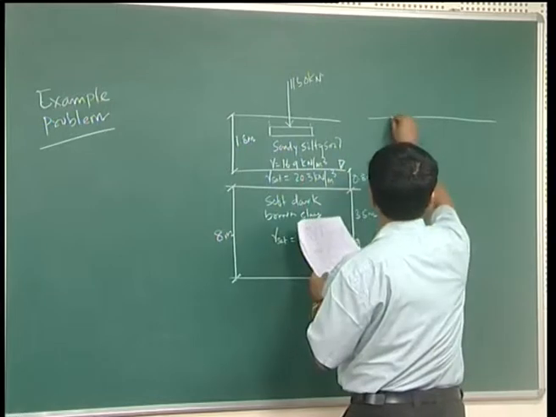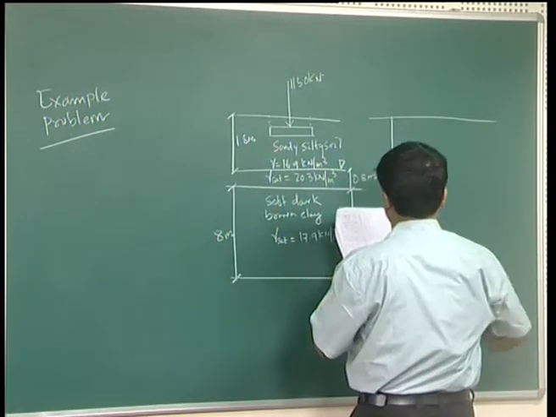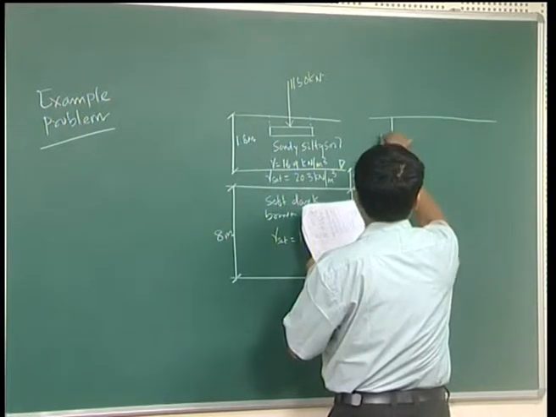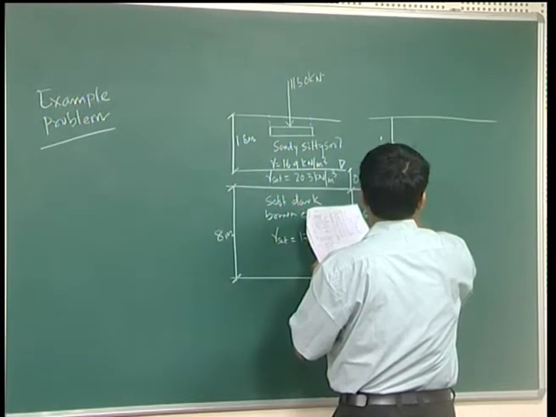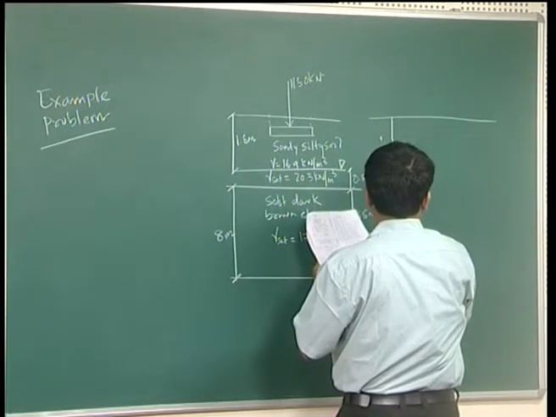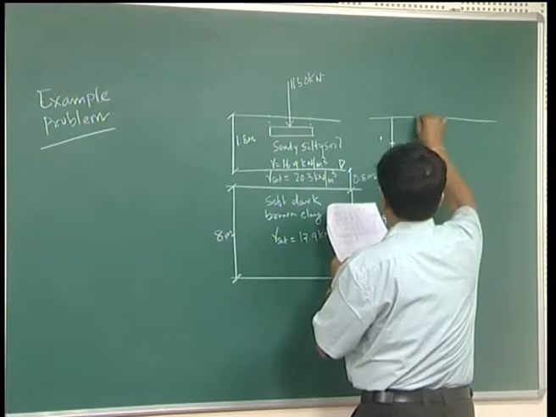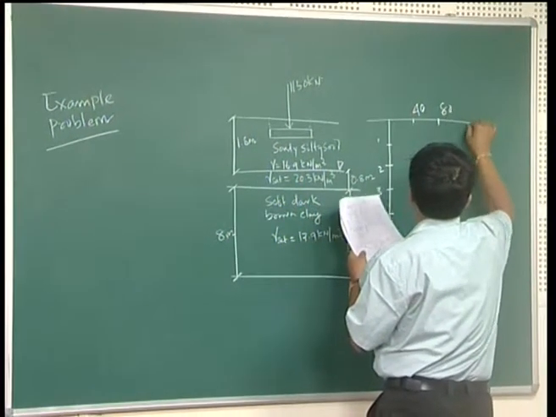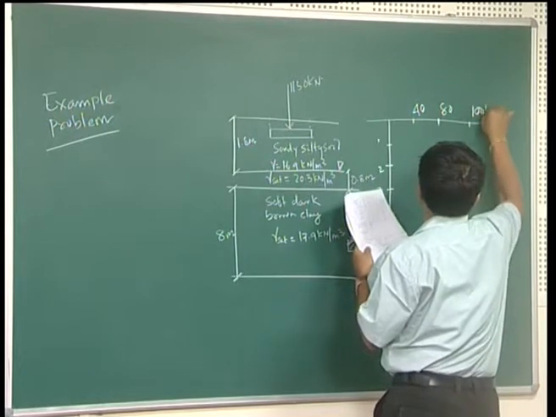Now, this is a typical result of 1, 2, 3, 4, 5, this is 40, 80, 100 kPa.